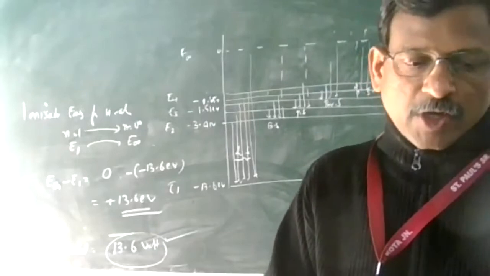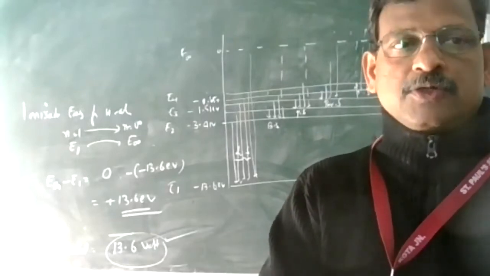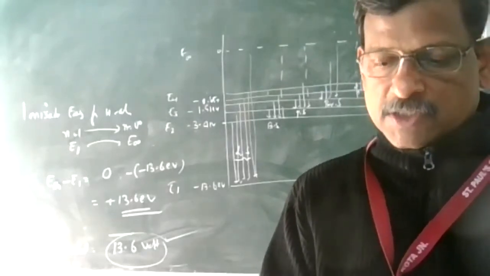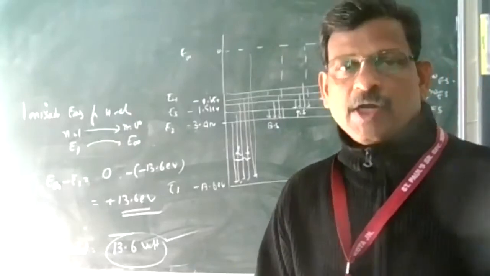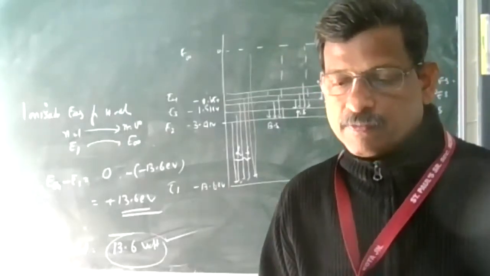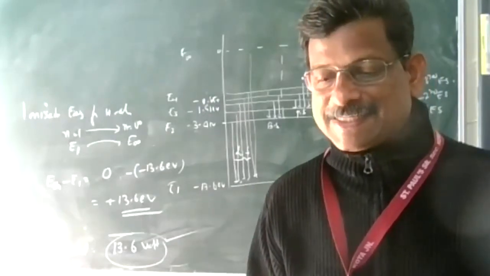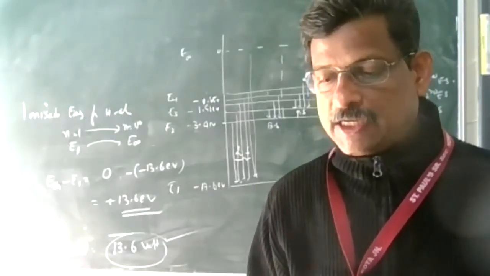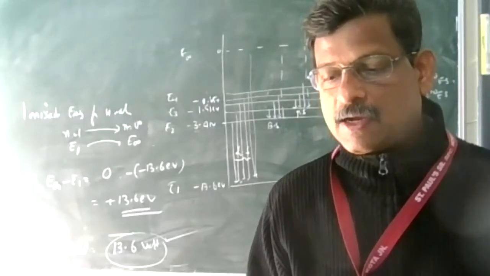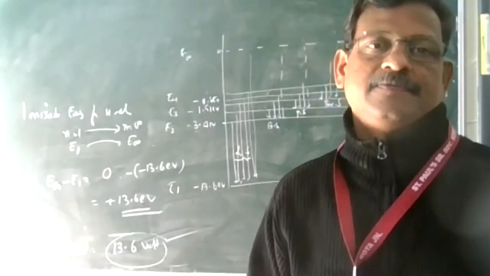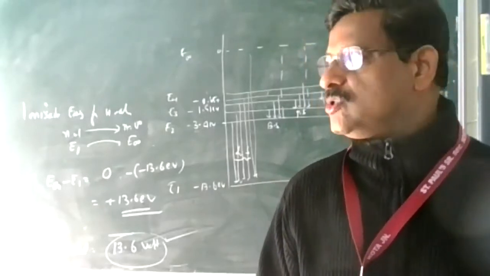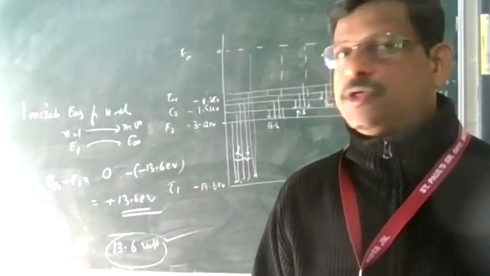You can go for a numerical on this. I am just reading out the numerical, just calculate it. What is the ratio of the radius of the orbits corresponding to the first excited state and ground state of hydrogen? All of you can do it in the copy. The equation is already known to you.